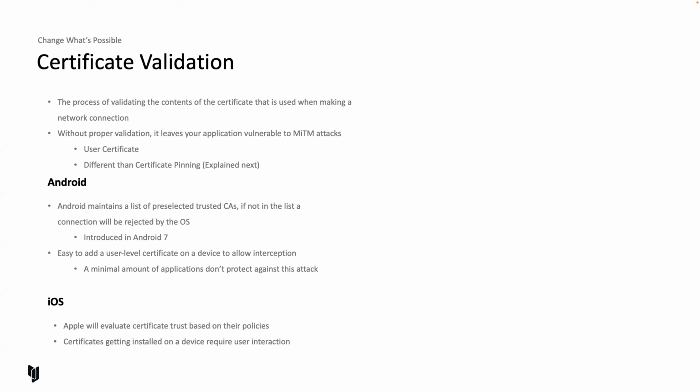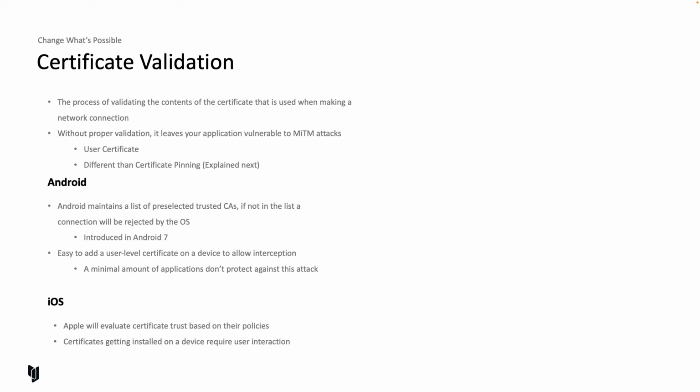Now, certificate validation is slightly different than certificate pinning, which we will explain next. Certificate validation focuses on the user level cert instead of a trusted or root certificate, which certificate pinning uses. So in Android, they actually maintain a list of pre-selected trusted CAs. By default, after Android 7, when this was implemented, if you're not in that list, a connection will be rejected.